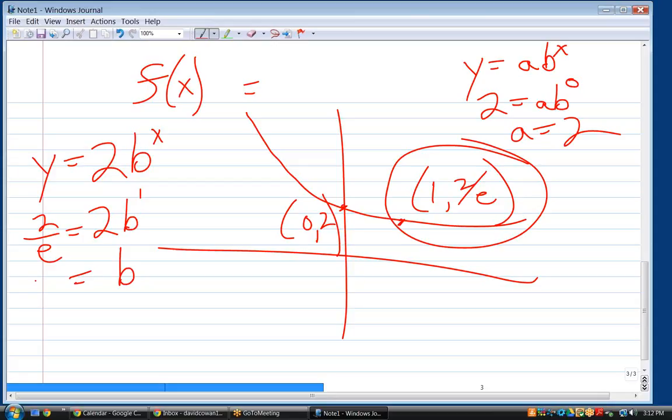Right. So b equals 1 over e. Which means that f of x, or g of x in this case, is equal to 2 times 1 over e to the x power. Yeah. And that's the way you want to do all of these.